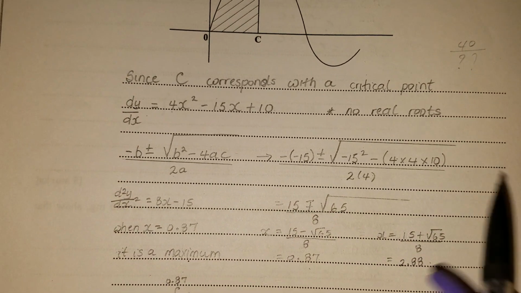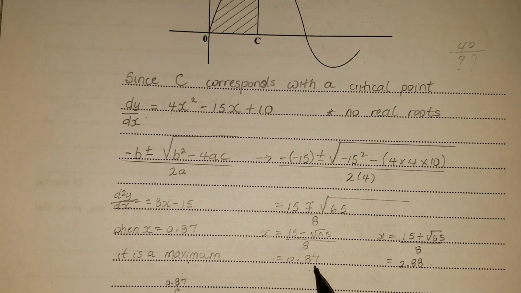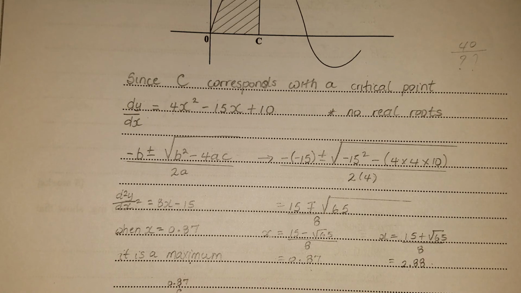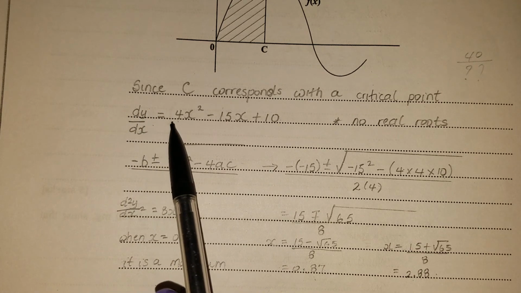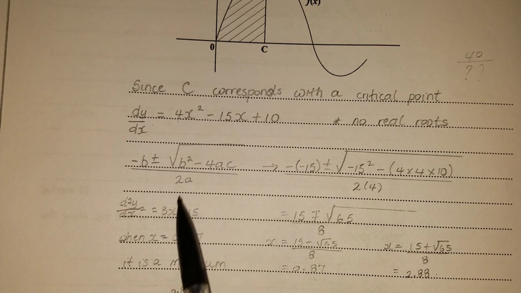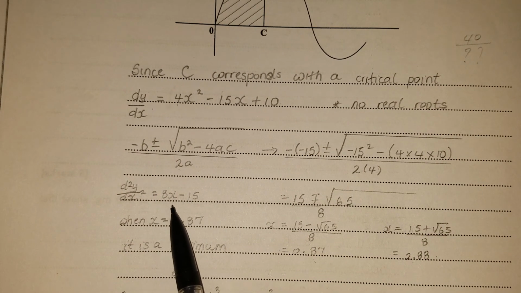Now it says that c is a maximum point. So we have to verify now which of these x values is a maximum. One way of doing that is via the second derivative. So I will now differentiate our dy dx function once more to get the second derivative to be 8x minus 15. In this derivative, we are going to plug a value.